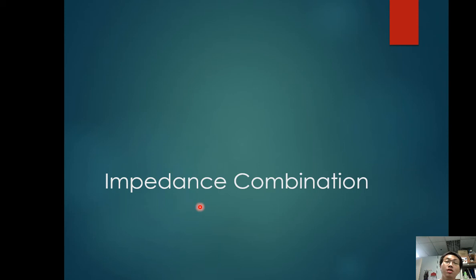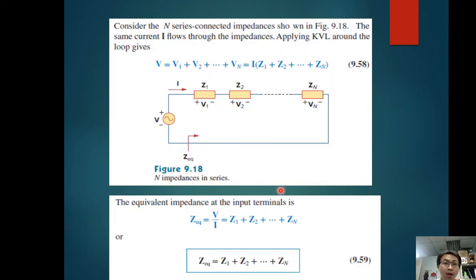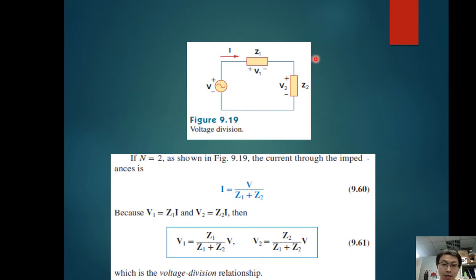Okay, impedance combination is the same as in the previous chapter 2. When we have impedances in series, our Z equivalent, V over I, is Z1 plus Z2 plus Z3 until plus Zn. We also can use voltage division.